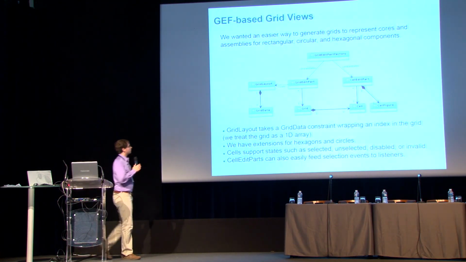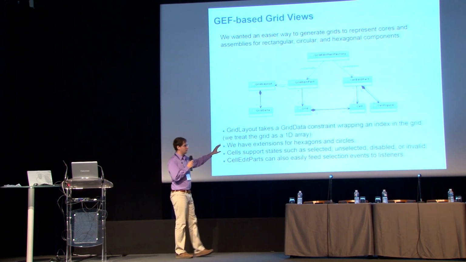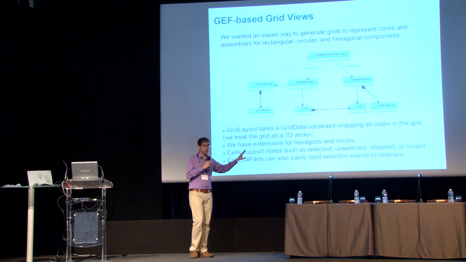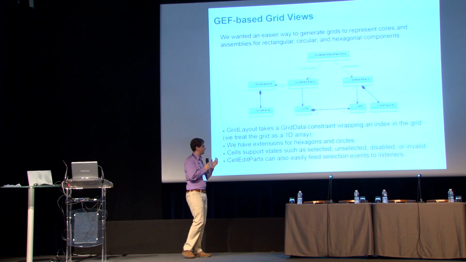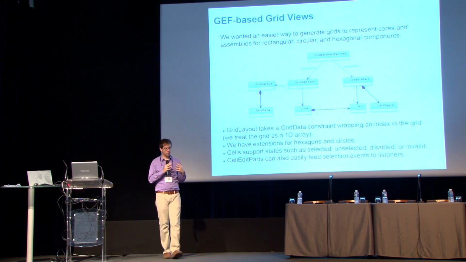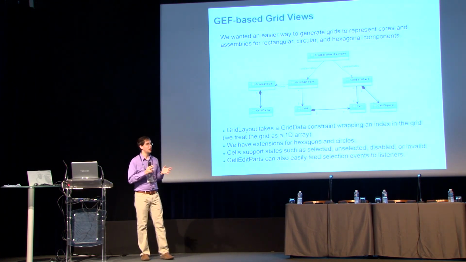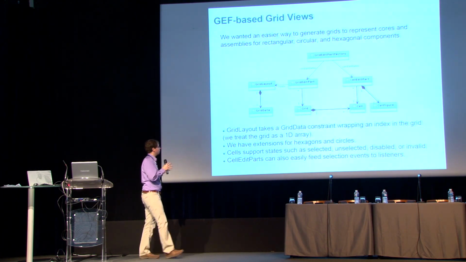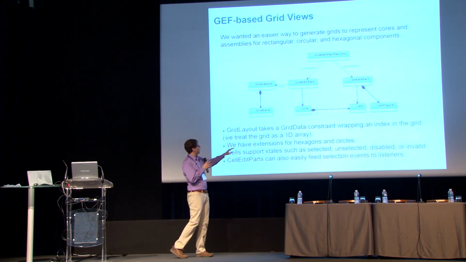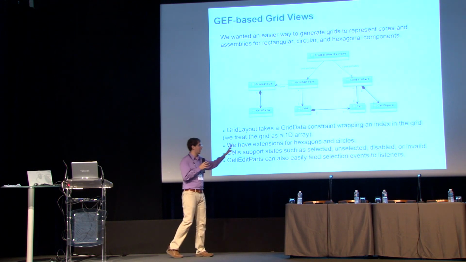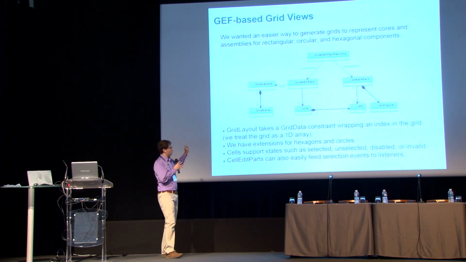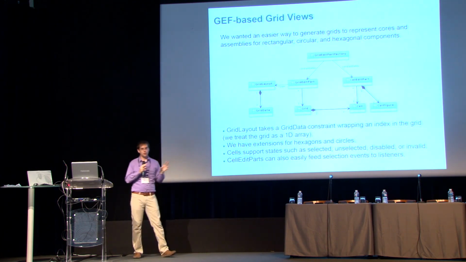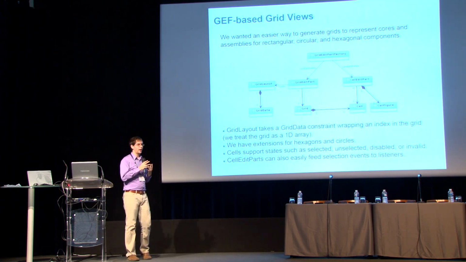This is a very standard GEF model view controller. Our model considers different views to be grids with cells, and it's a very basic model. Our views are cell figures, and for the grids we have root figures that contain a custom grid layout.